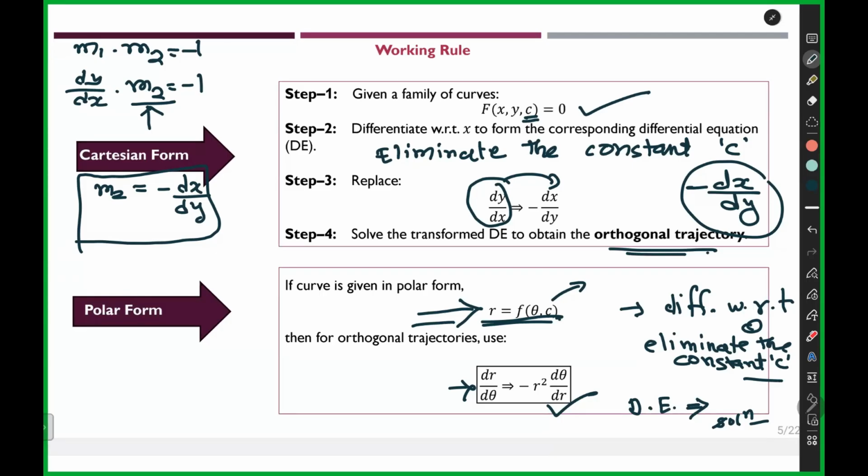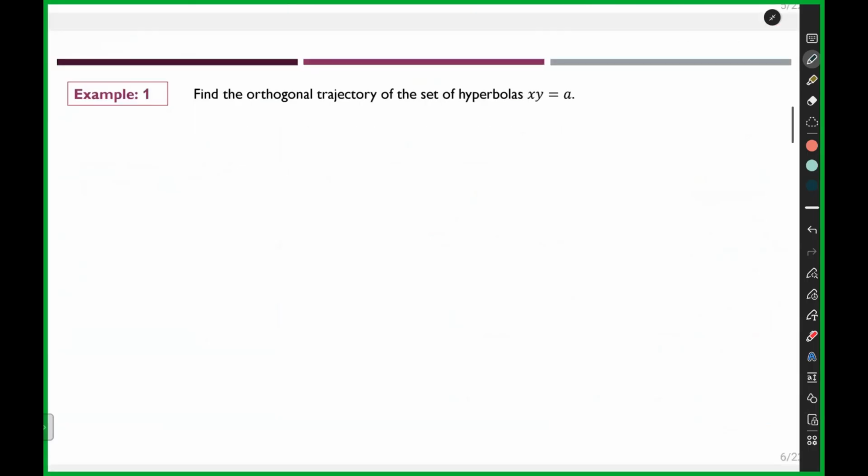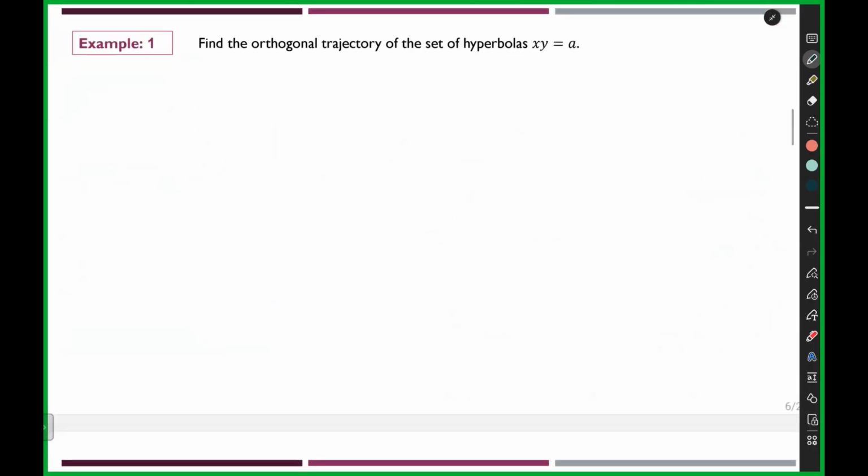So now we have some examples. Here first, we have to find the orthogonal trajectory for the set of hyperbolas xy equals a. The first step is to differentiate with respect to x. So it is x of dy by dx plus 1 into y equals 0.